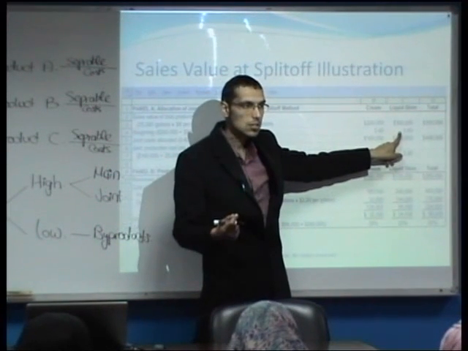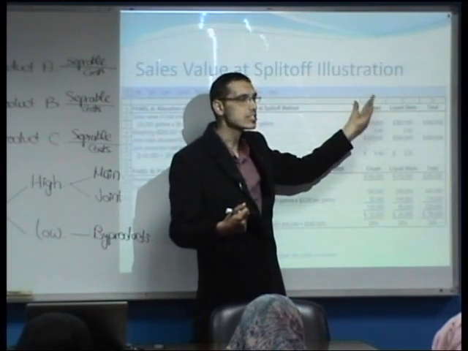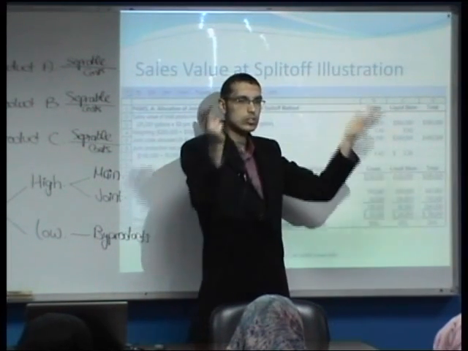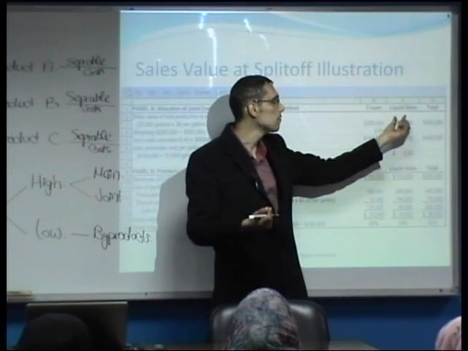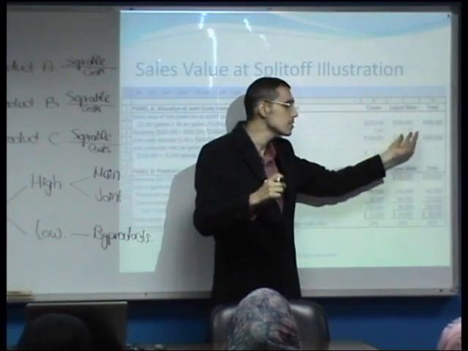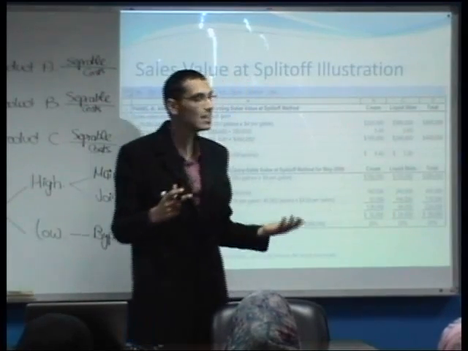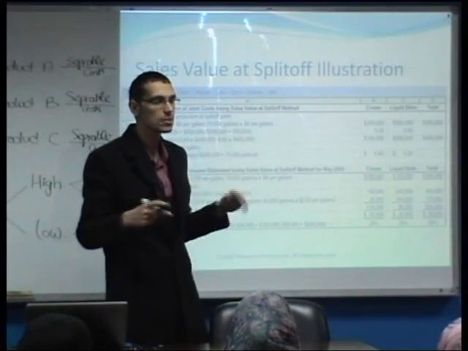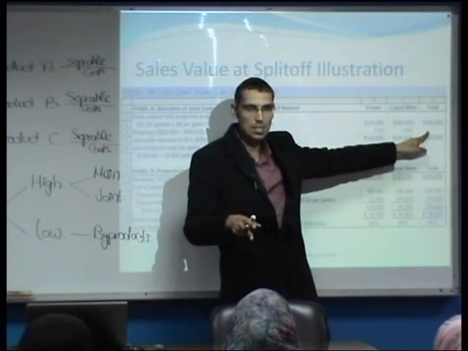Which means that the sales value of cream is 40% of the total sales, and the sales value of the liquid skim is 60% of the total sales. This is the meaning of the 40% and the 60%. And always, these two should add up to 100%.